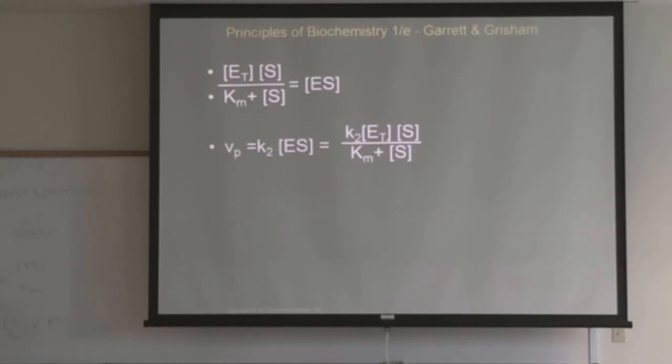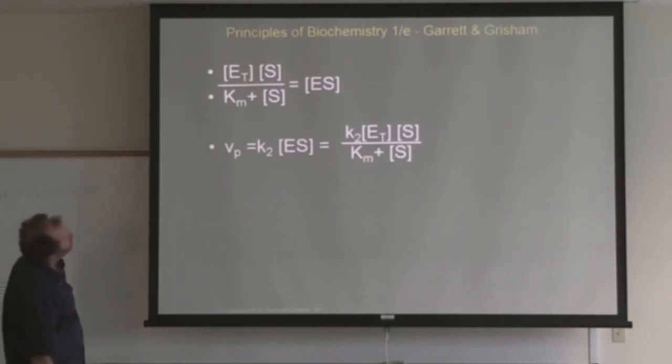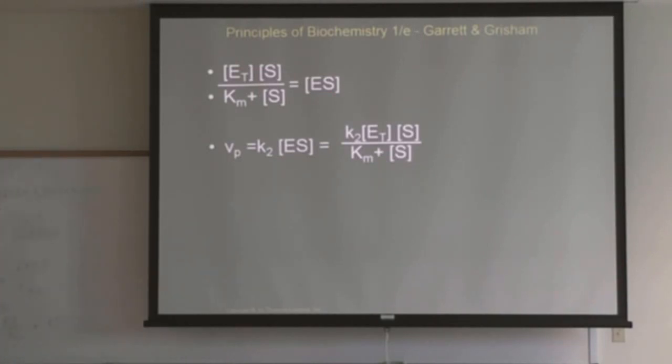And now we divide by this, and we get enzyme substrate concentration equals ETS divided by 1 over the Km plus the substrate concentration. Okay? Which, where did I get 1 over Km?